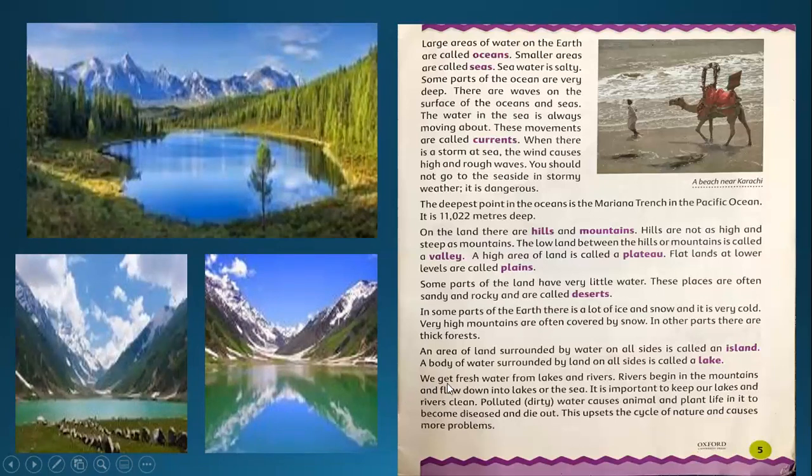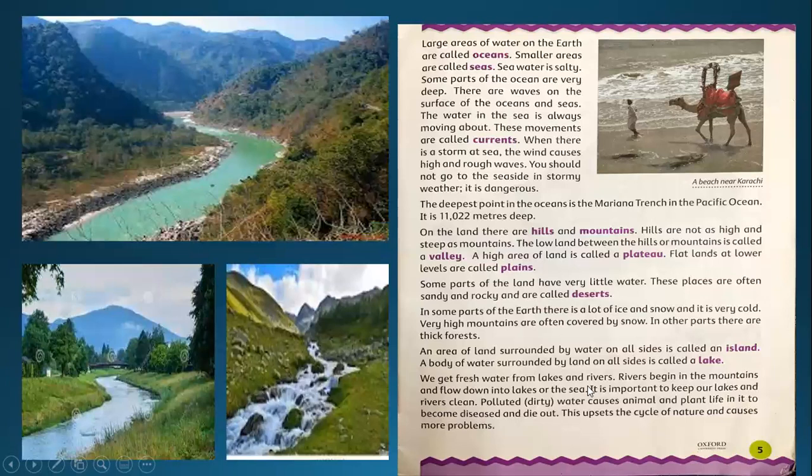Why? Look, we get fresh water from lakes and rivers. What are rivers? Rivers begin in the mountains and flow down into lakes or the sea. They begin from the mountain. How? Because on the peaks of the mountains there is snow, and when this snow melts, the water comes down in the form of a river.